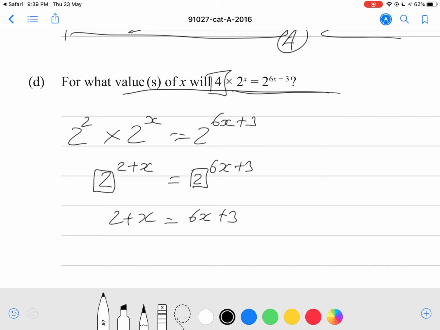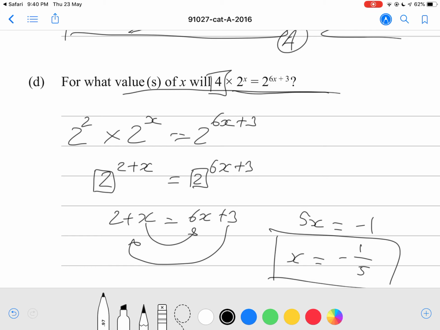So now we're going to rearrange this equation to find x. We'll move the x to this side, and the positive 3 to the other side. So 5x equals 2 minus 3, so negative 1. So x equals negative 1 over 5. That's basically the final answer: x equals negative 1 over 5.